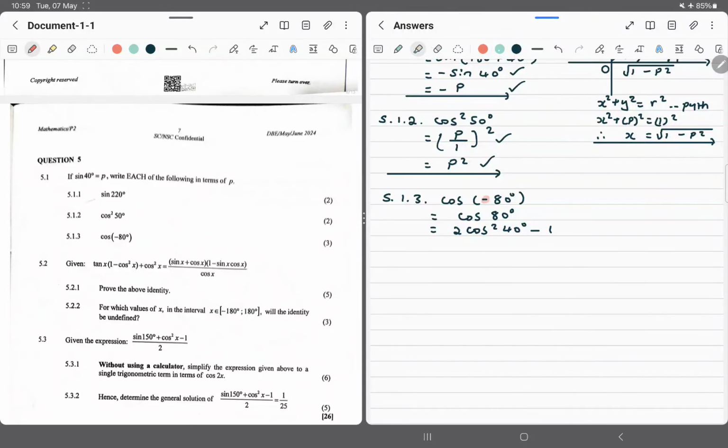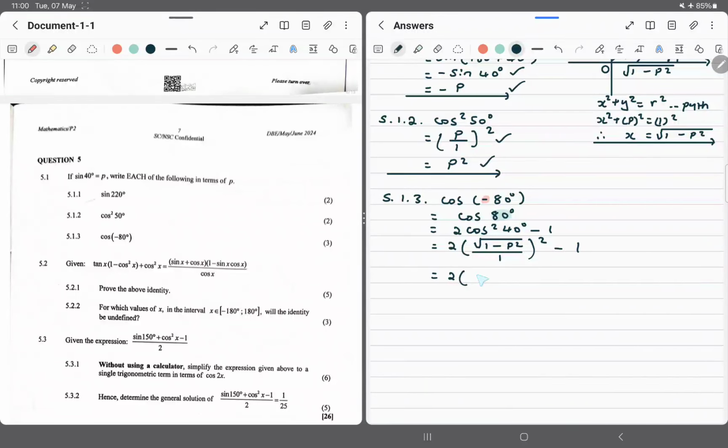So again, you're going to deal with double angle identities here, or even compound angle identities sometimes. So let's substitute cos squared 40. It's going to be the adjacent, which is p over 1, squared. Then we are squaring.